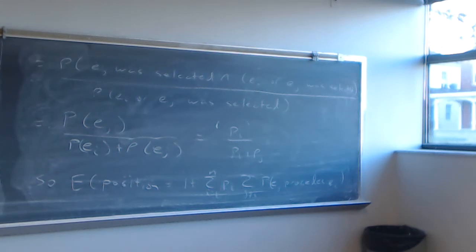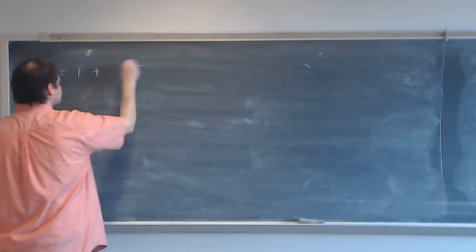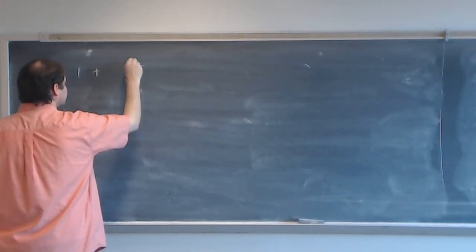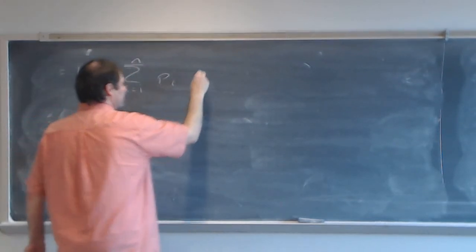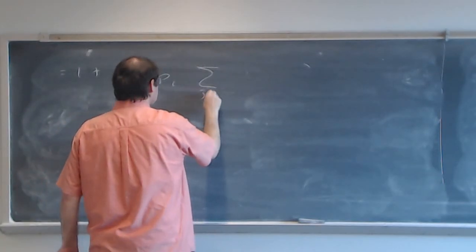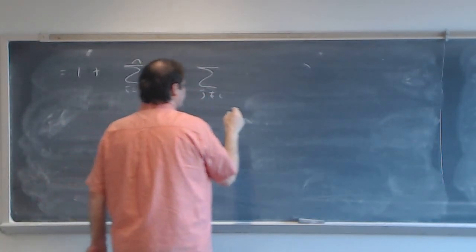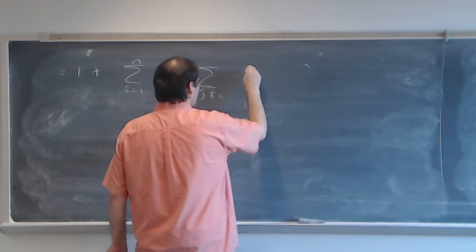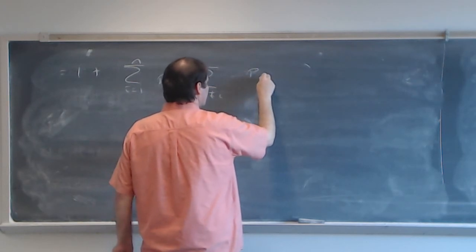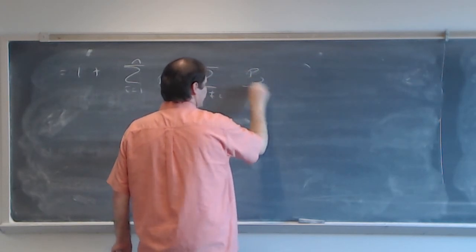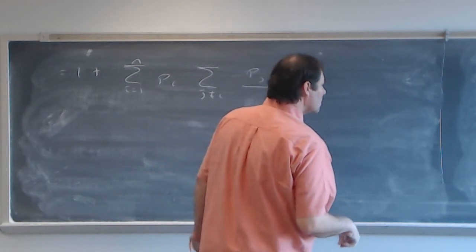And so we have at least a way to write this just in terms of the P sub i's or P sub j's. So this is equal to 1 plus the sum as i runs from 1 to n of P sub i times the sum as j is different than i. It was P sub j, I think. That's what it should be.